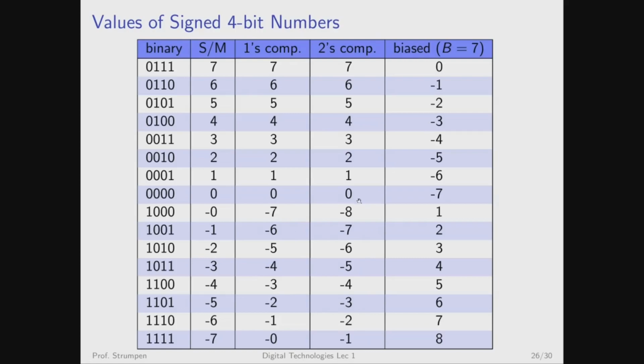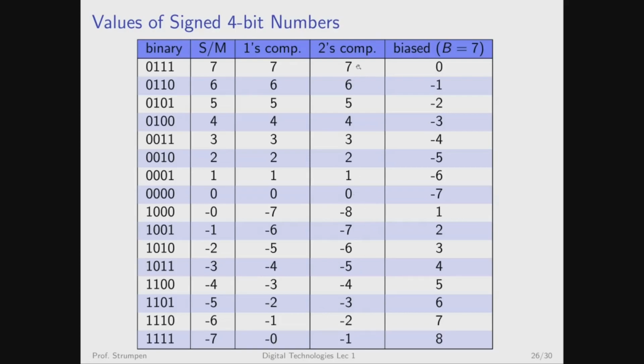The 2's complement fixes that. Right? The 2's complement is the skillful deal where the positive numbers or non-negative numbers are given as before, but we add 1 to the 1's complement for the negative numbers in order to avoid a second 0.